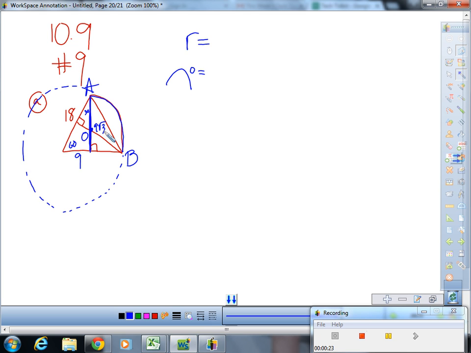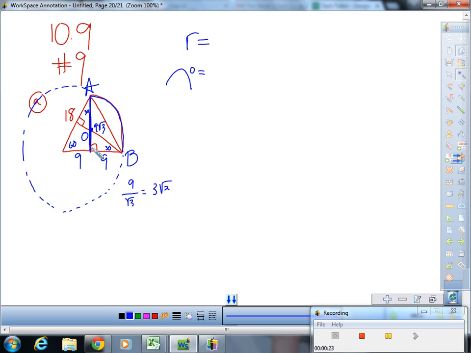Now, keep in mind, this is 9 right here. This is 30. So now, to get from the long leg to the short leg, I got to divide by radical 3. So that's 9 divided by radical 3, which is 3 radical 3.